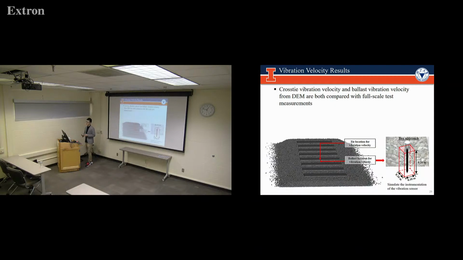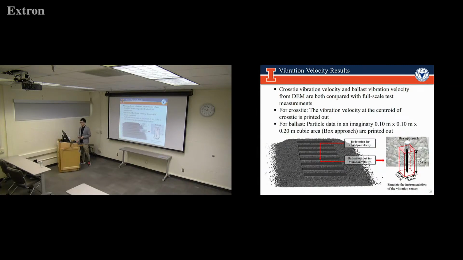Once we have this model ready, we will compare the concrete tie vibration and the ballast vibration from DEM with the results from the full-scale test measurements. For the concrete tie, the vibration velocity was printed out at the center of the tie, which is here.